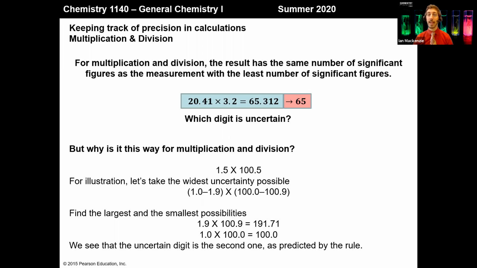And so I only have one certain digit, that's the 1, and then one estimated digit, which would be, in this case, the 9 or the 0. And so I can see that in this case, I am limited to only 2 significant figures, as predicted by the rule.